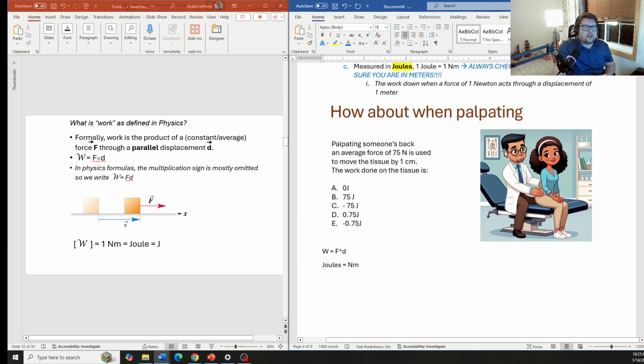So if they were to give you this specific question, except that it's an average force of 75 newtons at an angle of 15 degrees, then we could calculate the x direction and the y direction, and so we can calculate the amount of work done in the y direction and the amount of work done in the x direction.